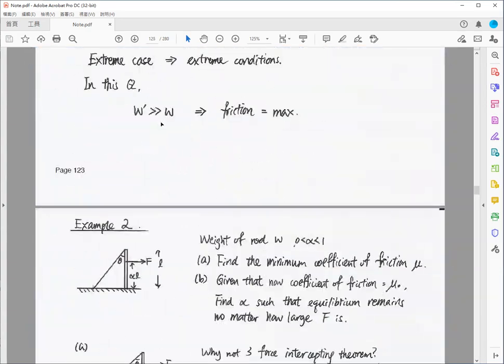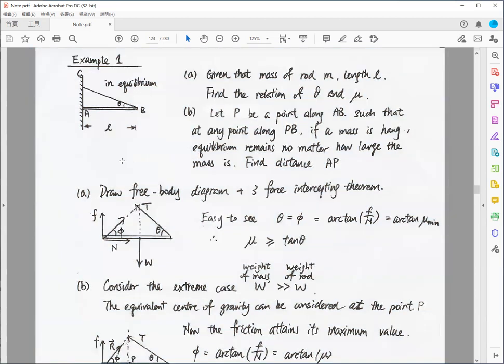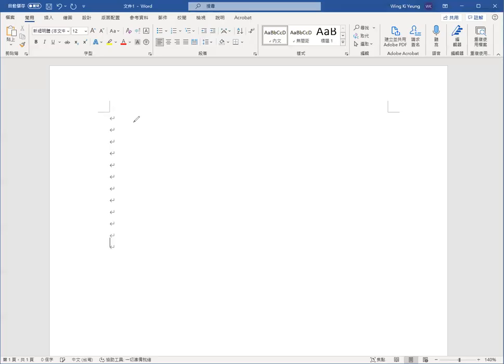So if you like, we may talk about some simple examples first before we go on to these Olympic questions. I open a Word file. Just use the example I just taught. So consider there's a rod.